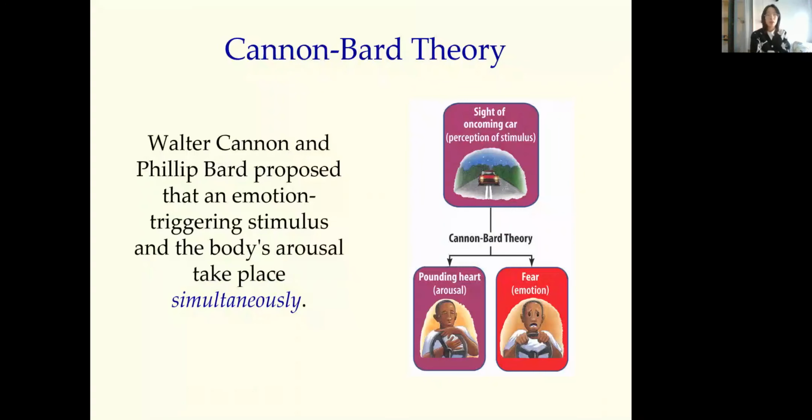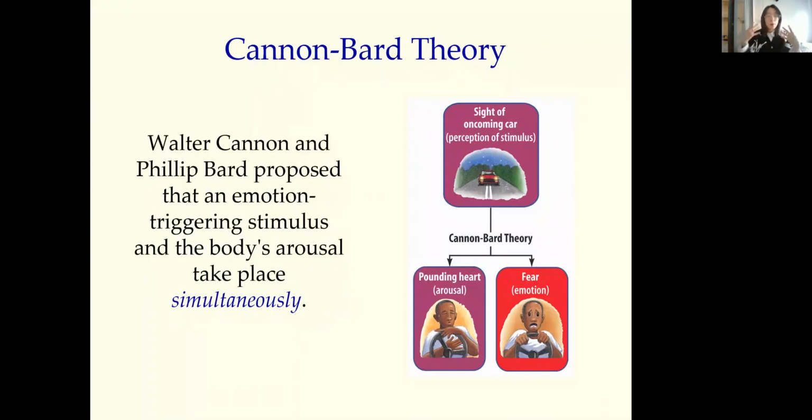And then another theory is Cannon's theory. They doubted that the physiological arousal that occurs with different types of emotions is distinct enough to result in the wide variety of emotions that we experience. So, according to this theory, physiological arousal and emotional experience occur simultaneously and independently.